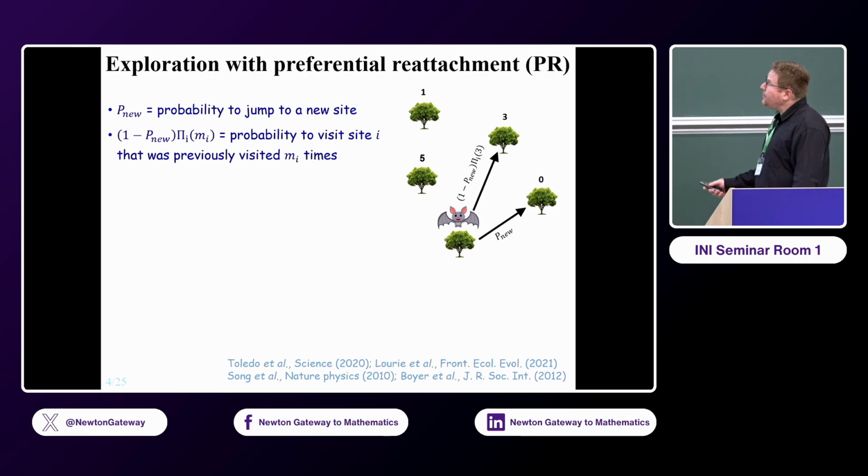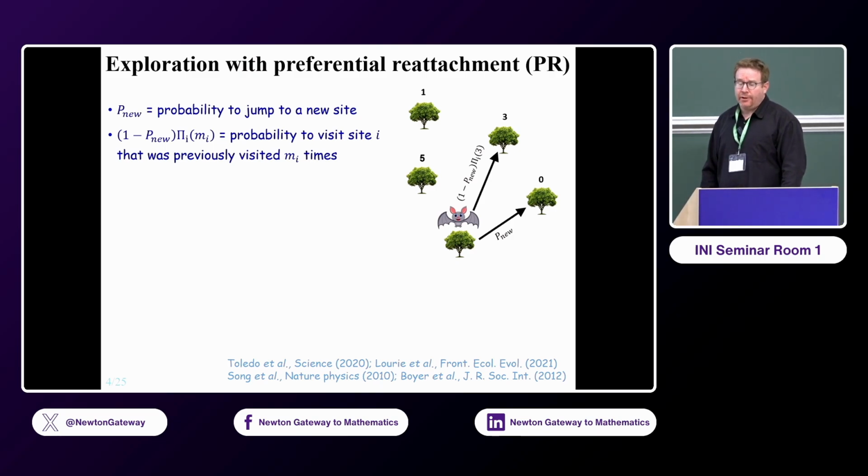The model that we took is a generalization of a well-known model used by Song et al. from the group of Barabási to model human movement, so human mobility. This model has been used by others as well to model monkey movement, elephants, and other animals.